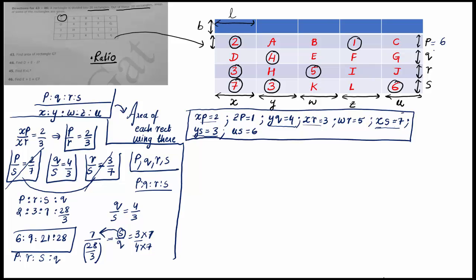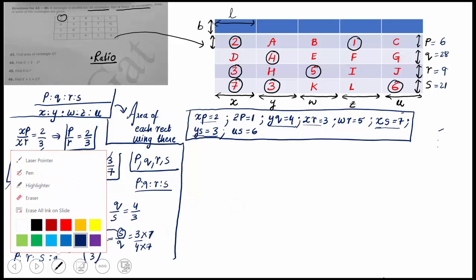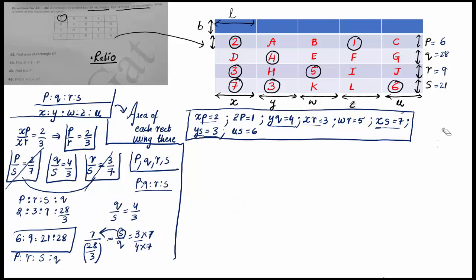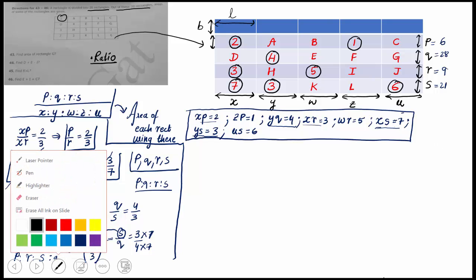What is Q? Q came out to be 28, R came out to be 9, and S is 21. This is the information that I got from these values. Okay, so see, I am being very slow so that you can understand. Hope it is clear for everybody.